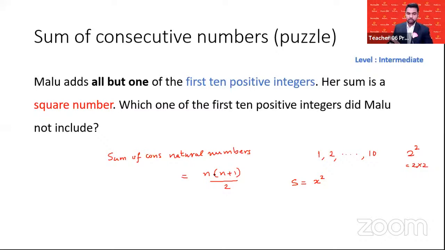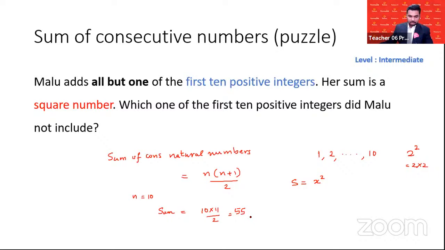If you have not seen it, it is a useful result to learn. So what it says is that if I plug in n equal to 10, I'll get the sum of the first 10 positive numbers. So let me just plug n equal to 10, and that is going to be the sum of the first 10. What is that? 10 into 11 by 2. This is going to be 55.